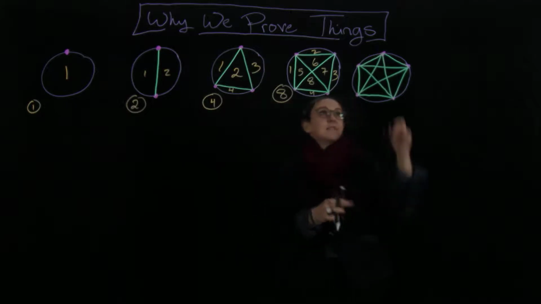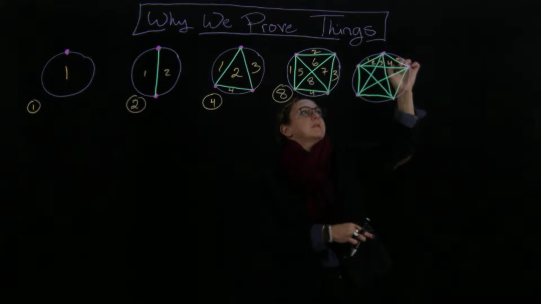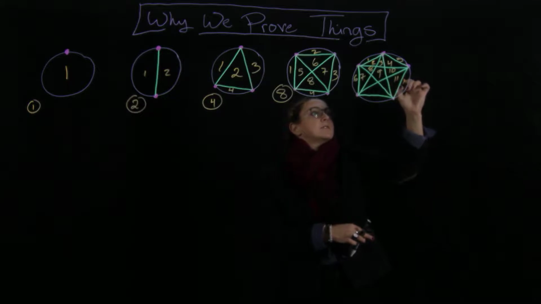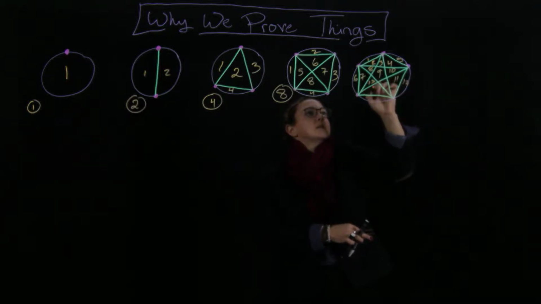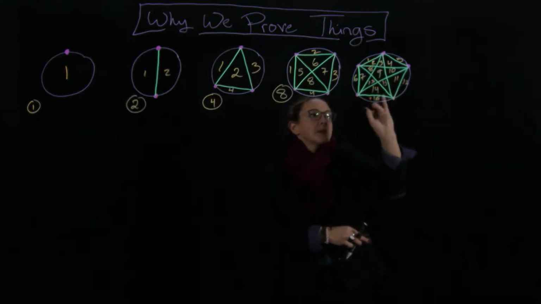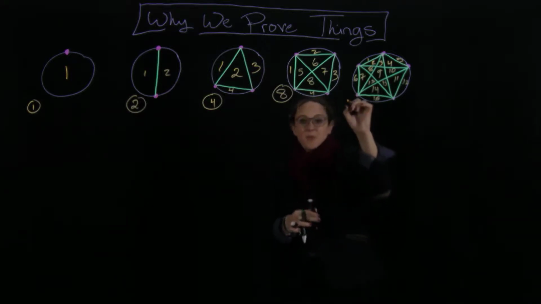And then we count. Oh my goodness, a lot of counting. 1, 2, 3, 4, 5, 6, 7, 8, 9, 10, 11, 12, 13, 14, 15, and 16. Voila. Okay. So now you really think you know the pattern.